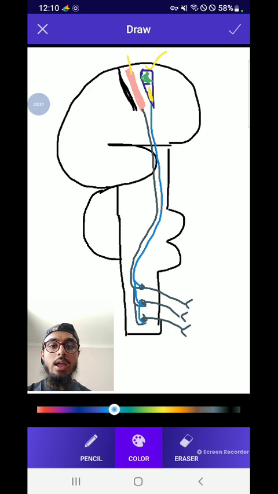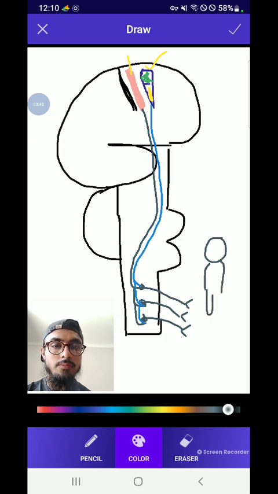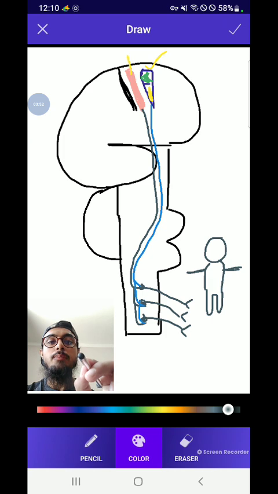What is the difference? This is our body, this is our face, this is all our body, this is our upper limbs. The participation of the motor association area, which is the second area, is only 15%.